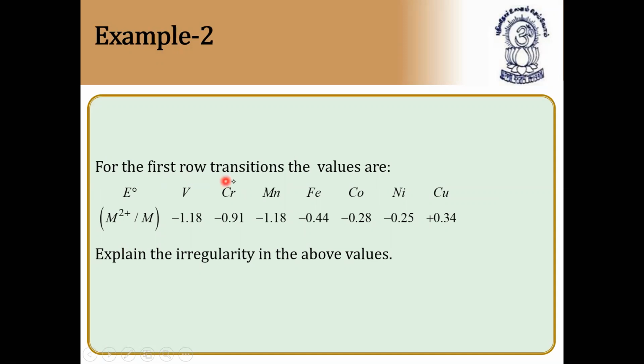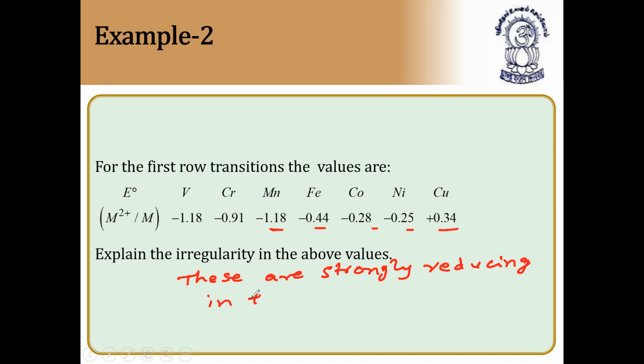For the first row transition elements, these are the electrode potential values given: vanadium -1.18, chromium -0.18, manganese -1.18. Explain the irregularity in the values: as they have negative values, these are strongly reducing in their lower oxidation states.